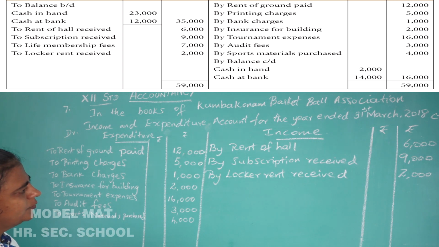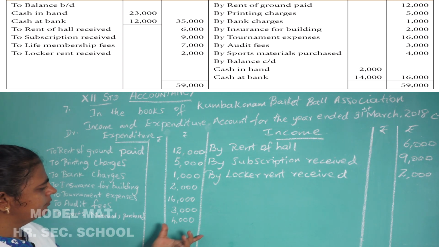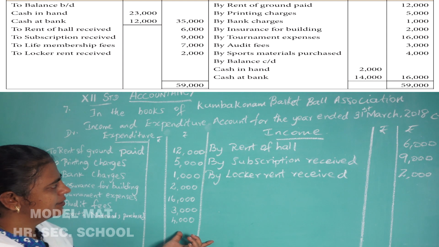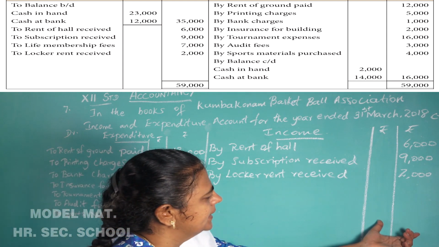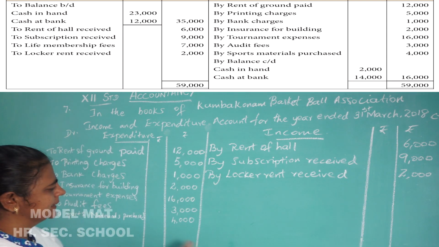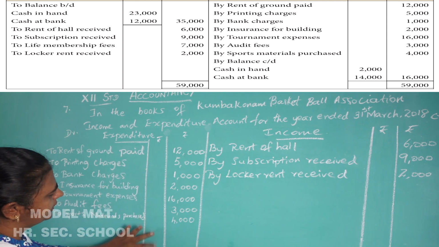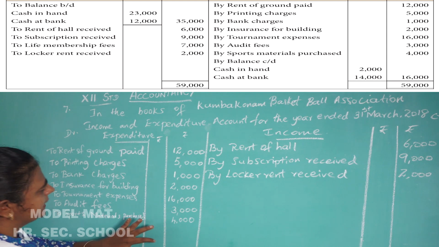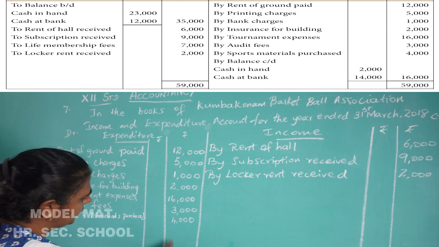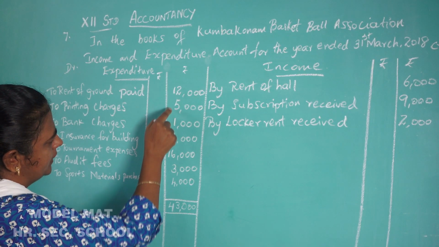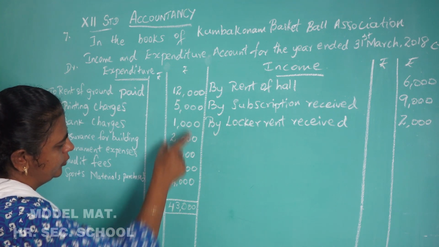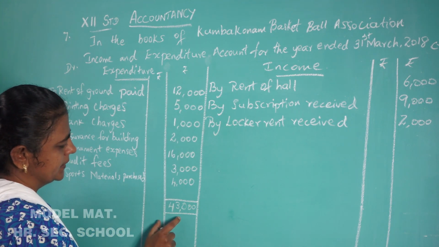Okay. So now what you have to do, you have to put the total of the expenditure side and the total of the income side. See which side is greater. Here we find out that the expenditure side total is more. So put the total here. When you total the expenditure side, that gives 43,000. This is more.